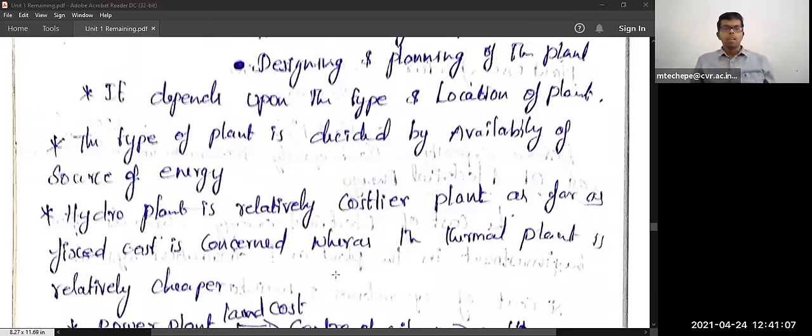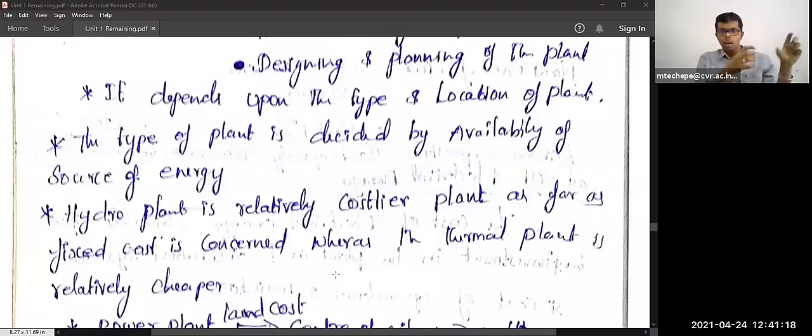Water pressure will come. If the dam is there and you construct your power plant right here, then the water pressure will not come. It will simply come and go via your penstock and go outside. So you have to go like 2 kilometers, 3 kilometers below your dam, so that you will get more pressure for generating the power.